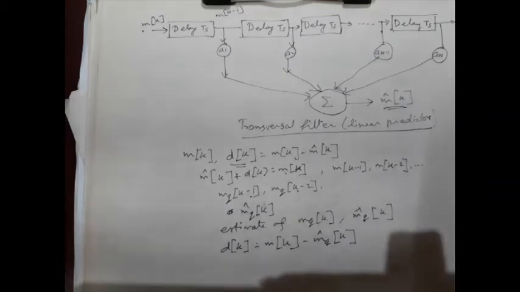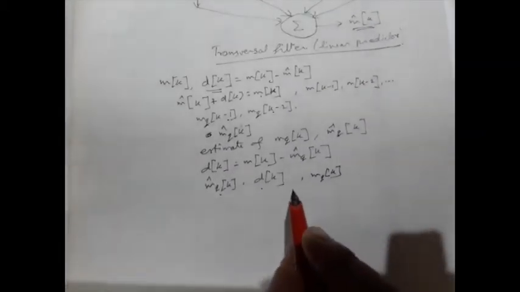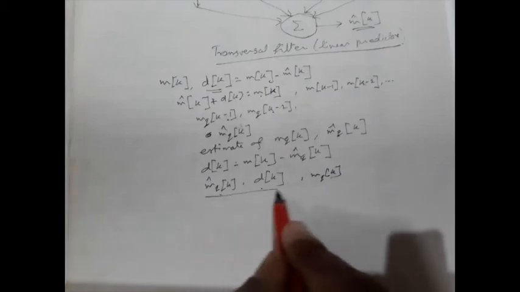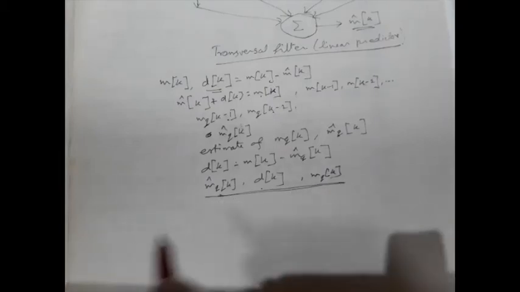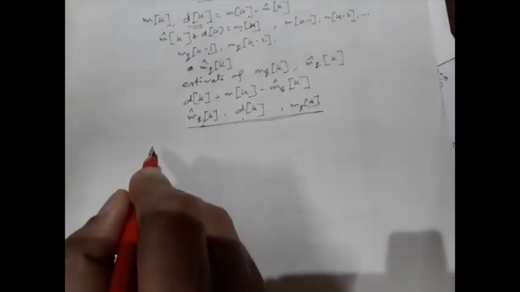At the receiver, we can generate MQ cap K and we receive D, and from these two we can reconstruct the original MQK. So this is what is done actually. The system becomes a little bit complicated, but it will work. So let us see what should be the hardware for this particular system.